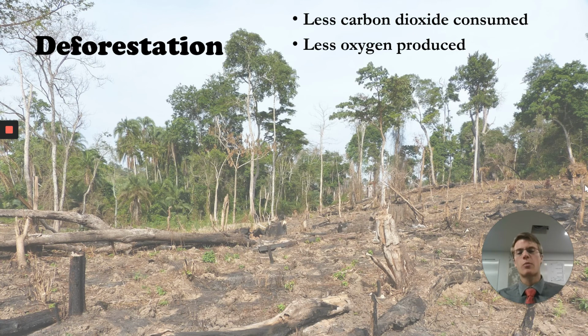This is happening particularly in South America in the Amazon forest, where trees are getting cut down daily, just large amounts of trees being cut down. And so that is allowing there to be more carbon dioxide in the environment. It's not necessarily producing more carbon dioxide, but it's not eliminating carbon dioxide as it usually would. So that's a big problem right now.